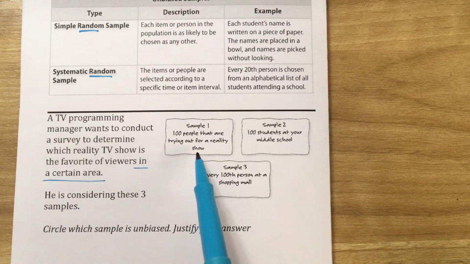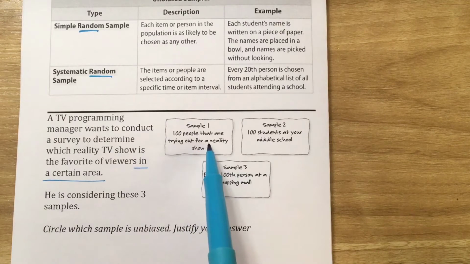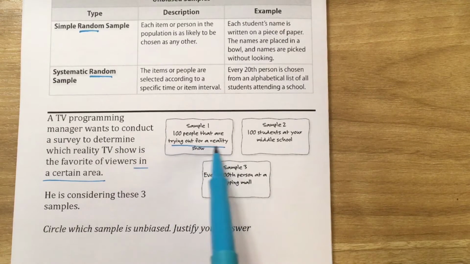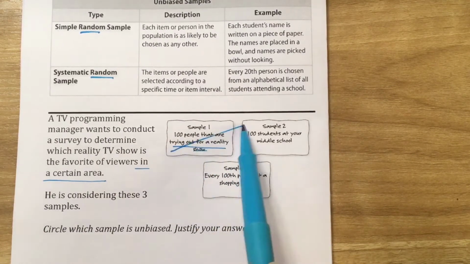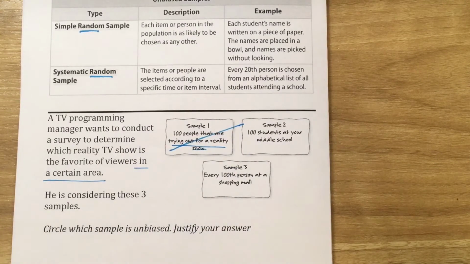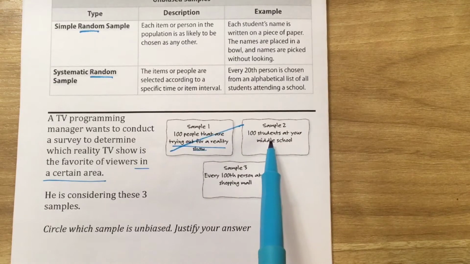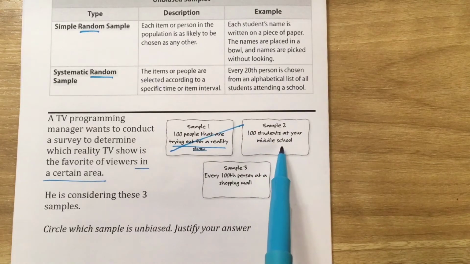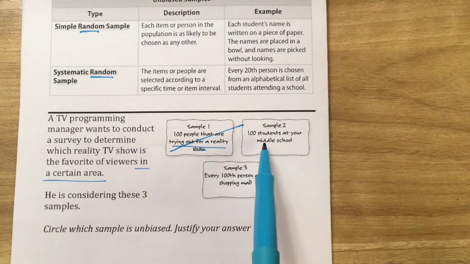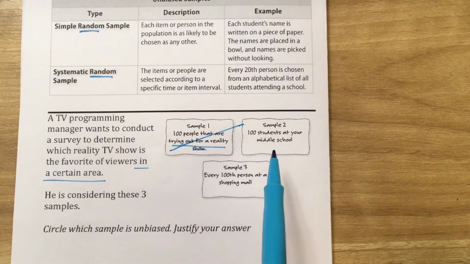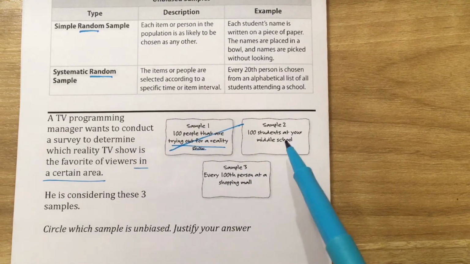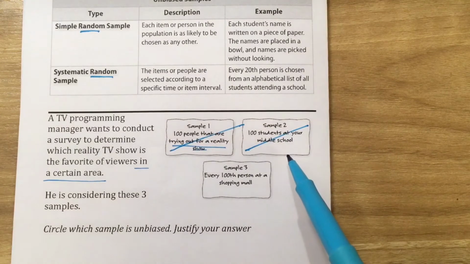Well, when we're looking here, if there are only people showing up that are trying out for a reality show, they're going to be looking at just that type of reality show. Sample 2, 100 students at our school. So, while 100 students at our school doesn't represent a population as a whole, because it's only middle school students.